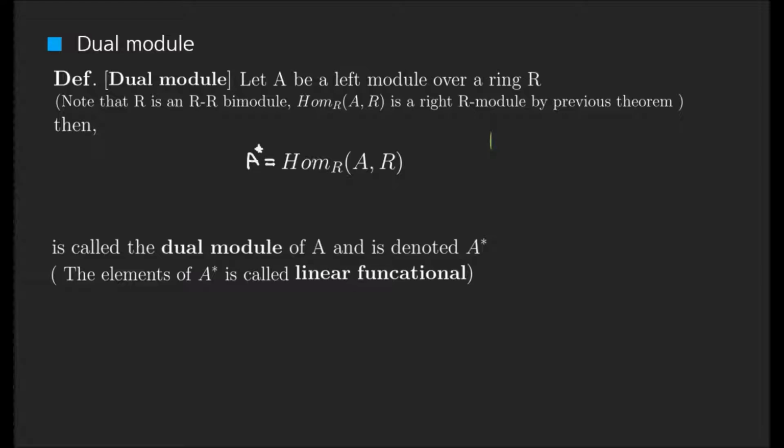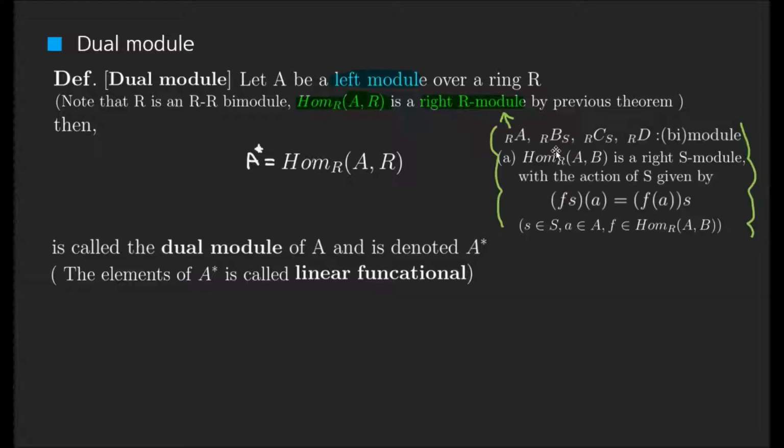Note that A is a left R module, but Hom_R(A, R) is a right R module. Previously, I showed that this is a right R module.